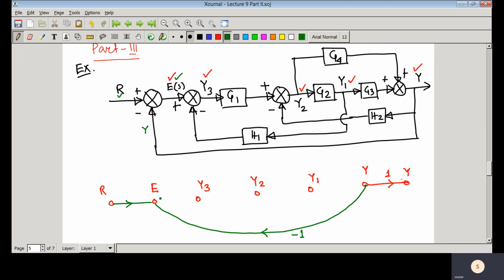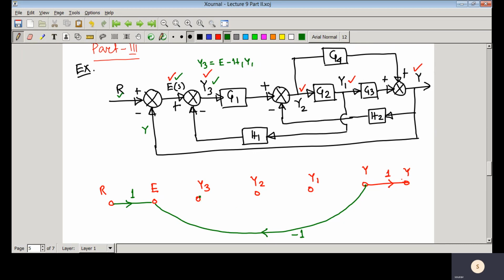Applying signal flow graph algebra, you can write E equal to R with gain 1, minus Y. Now Y3 equal to E minus H1 into Y1.